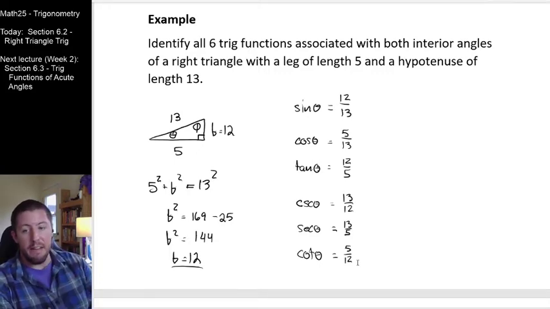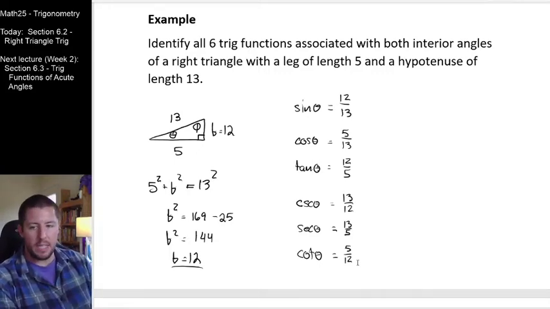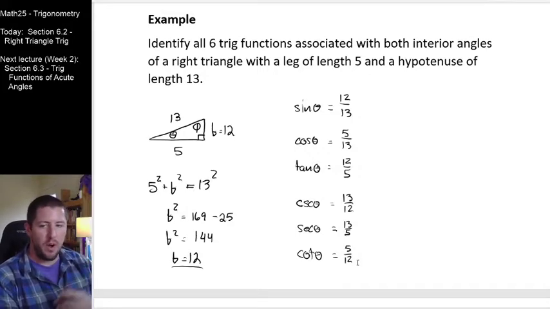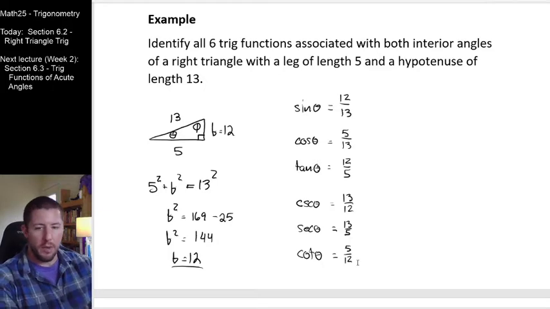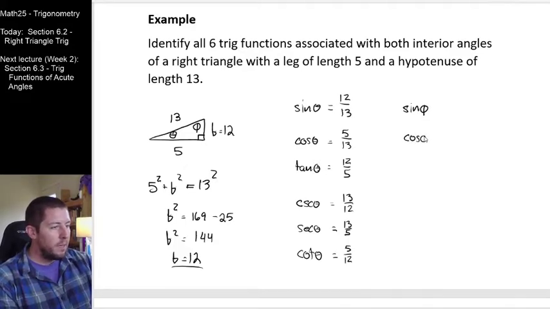So this is kind of just a definition thing right now. We defined these 6 words to be related to 6 ratios. We built the triangle, we identified the 6 ratios. That's all we got going on here. Now, the thing that's going to change ever so slightly is that when we want to do this for the other interior angle, phi, we now need to be a little bit more careful about what we mean when we say adjacent and opposite, right?